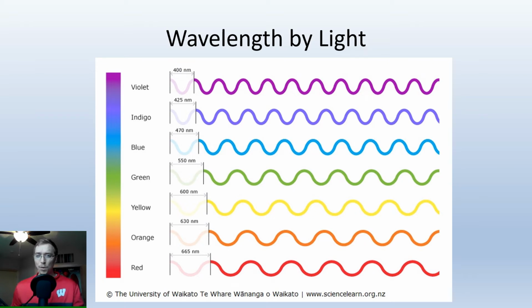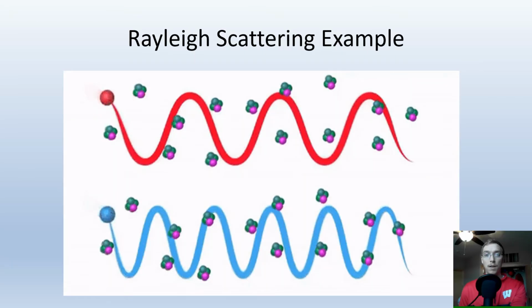So what does that look like if you were, say, a wave of red light and a wave of blue light encountering particles in the atmosphere? Well, we can see here, red on the top, blue on the bottom, and we're assuming gas particles in the atmosphere. And notice how many the blue band is hitting compared to the red band of light.